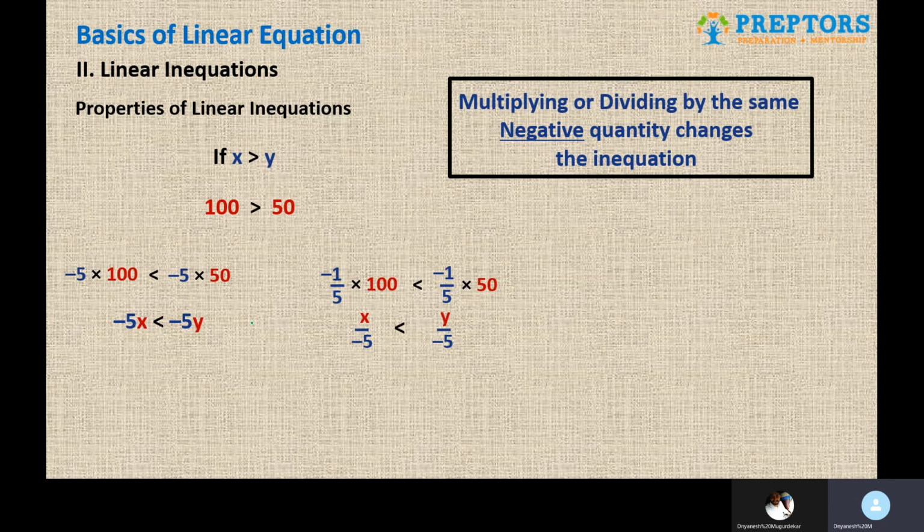Remember this, very, very critical. Whenever negative comes into the picture, you have to change the sign of the inequation. This is a silly error that most of the time students make. They forget this very important and critical rule and they end up marking the wrong answer. So just make sure you don't miss out on this easy thing.